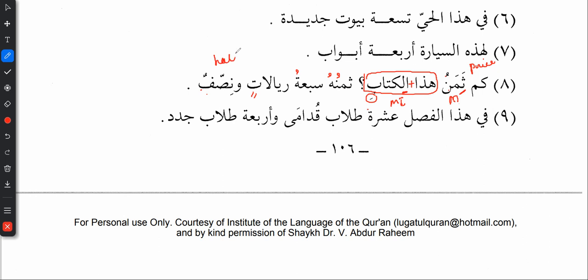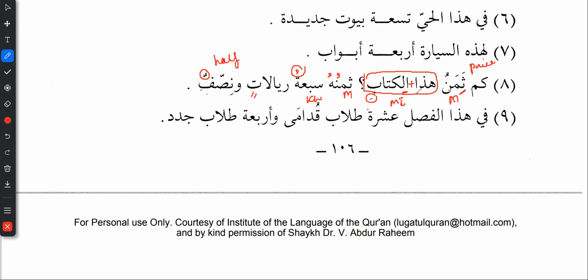Half means it's 750. Thamanuhu sab'atu riyalatin. So this is your mubtada and this is your khabar. That's why it will have a dhamma here. Nisfun is also part of the khabar. That's why a dhamma. So what is the price of the book?